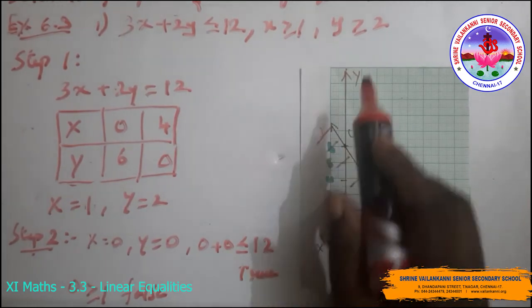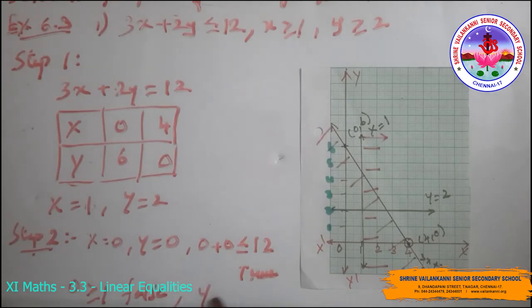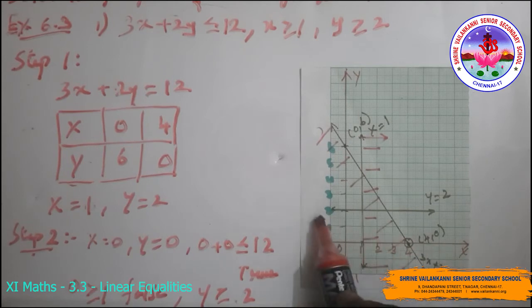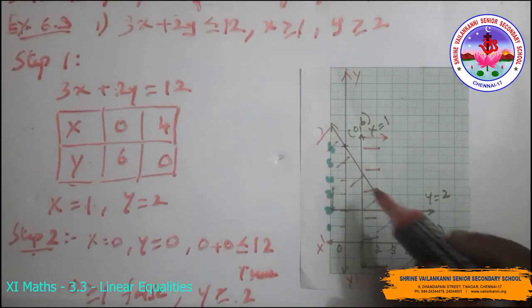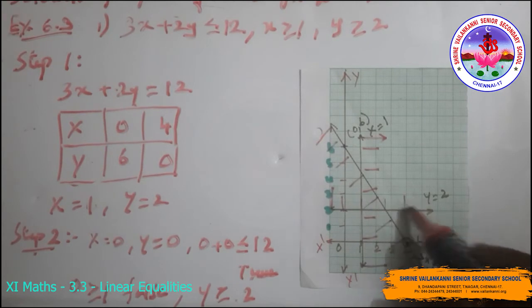And the third inequality is y greater than or equal to 2. So 0 is greater than or equal to 2, which is false. So the third line lies outwards from the origin.